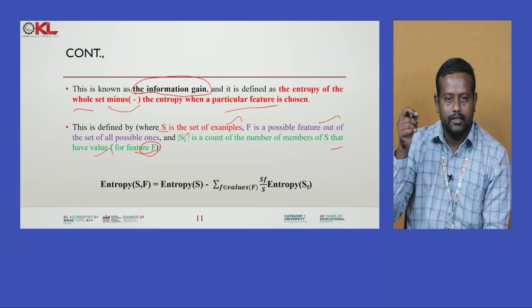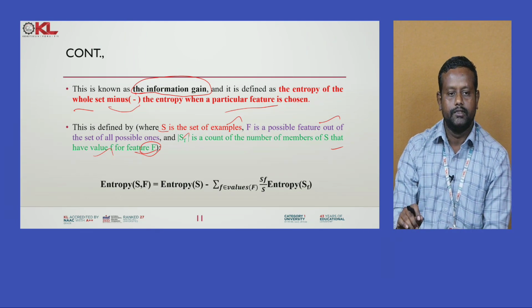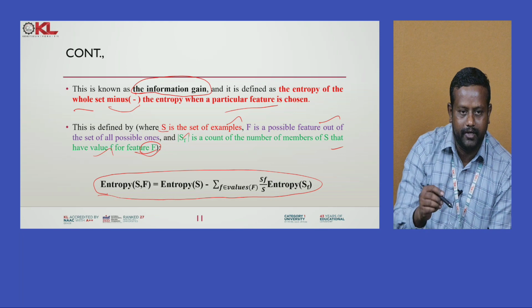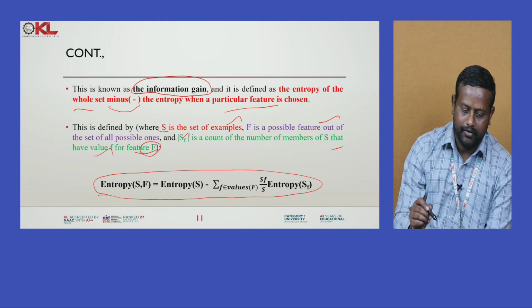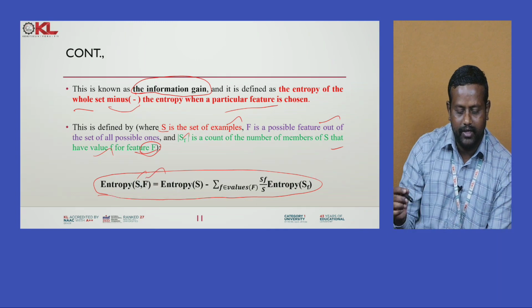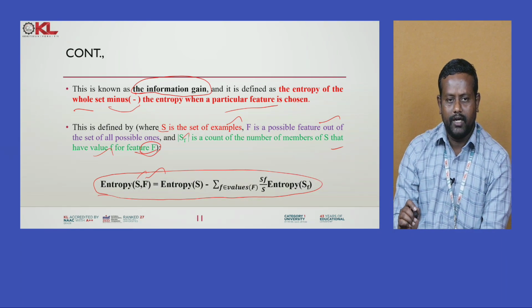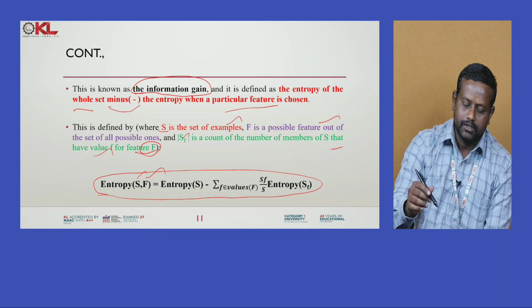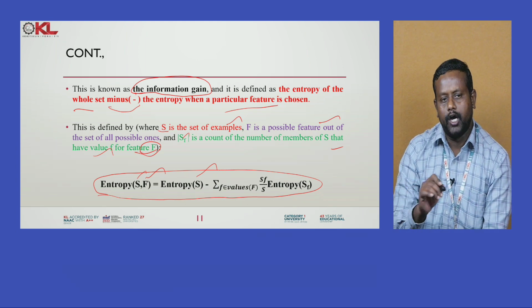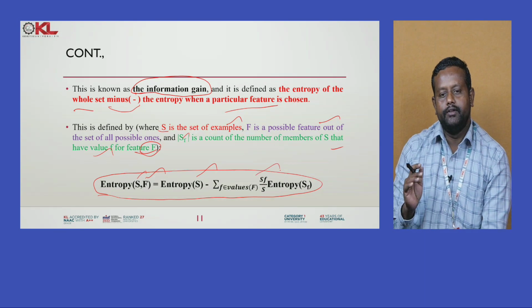This identifies the particular example's feature. So this particular formula which we have to frame here is the entropy S comma F, where S is the set of all possible examples, F is the features of the particular examples, all possible feature values of that particular example, which is equal to the entropy of S, the entropy of the whole set value, minus the entropy of individual feature values.